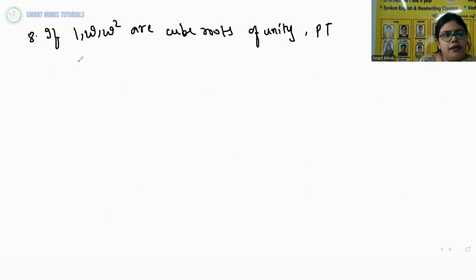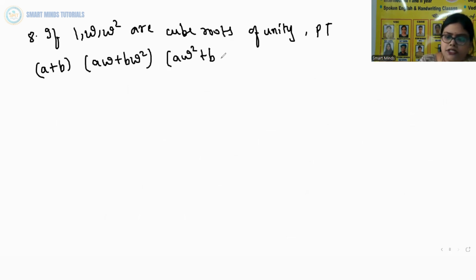Now take the next question. If 1, omega, omega square are cube roots of unity, prove that (a plus b) into (a omega plus b omega square) into (a omega square plus b omega) is equal to a cube plus b cube.